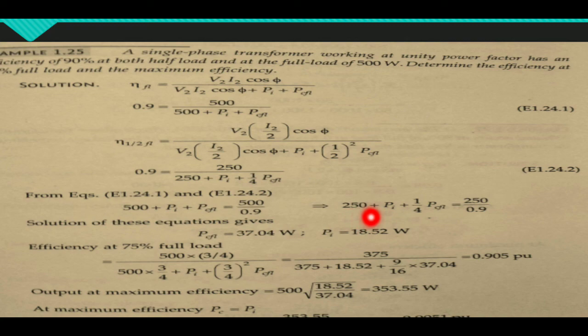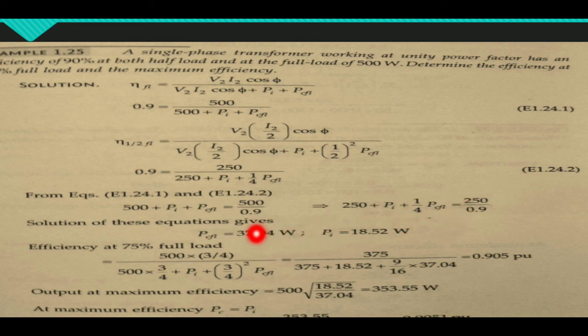From this we can write that in both cases the efficiency is 0.9 and remains unchanged. So we can write 250 plus Pi plus 1 by 4 PCFL equals 250 by 0.9.